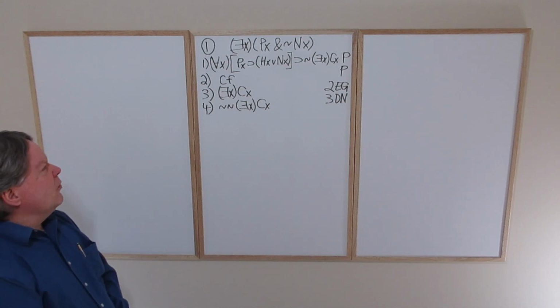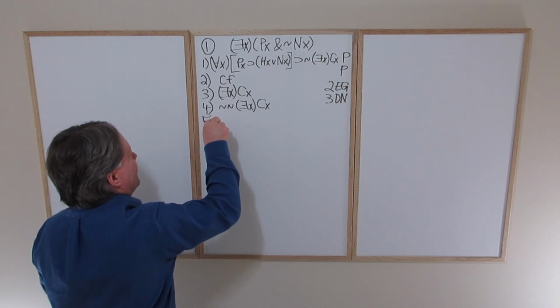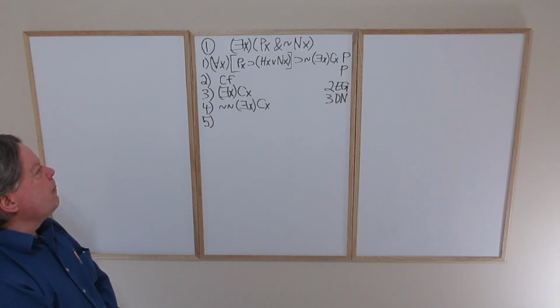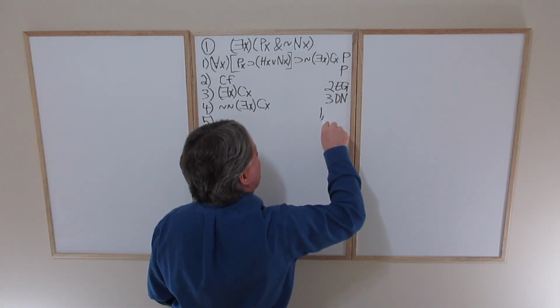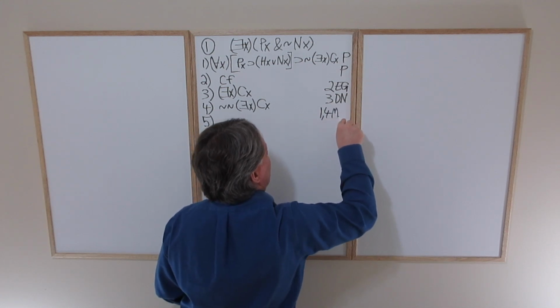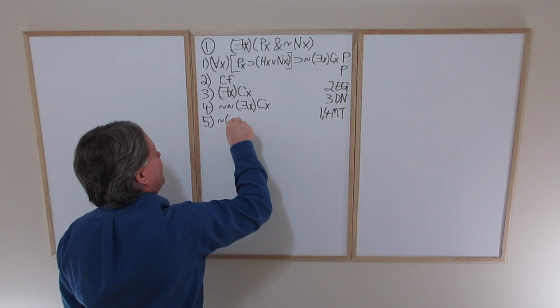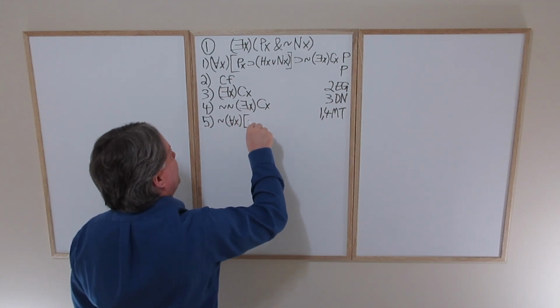Okay, so we did an EG and then a double negation. Now we're entitled to finally get at the information in line 1, 1 for modus tollens. So what does that give us? Well, it gives us the antecedent of the conditional with a tilde in front of it.